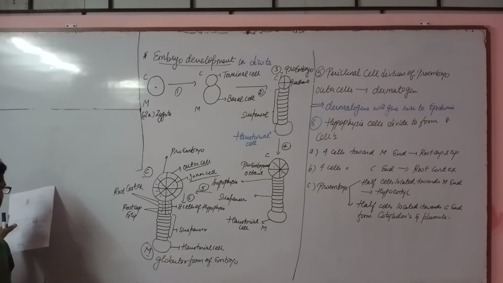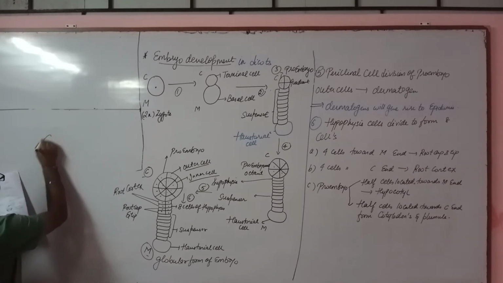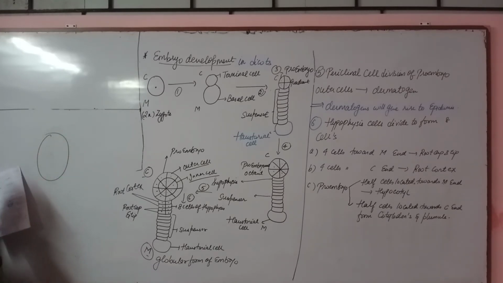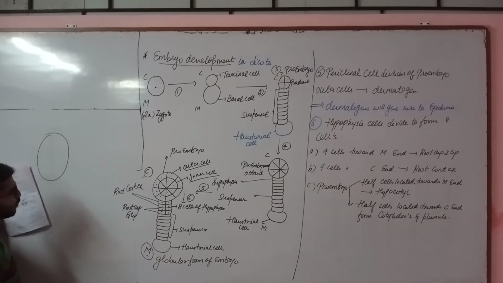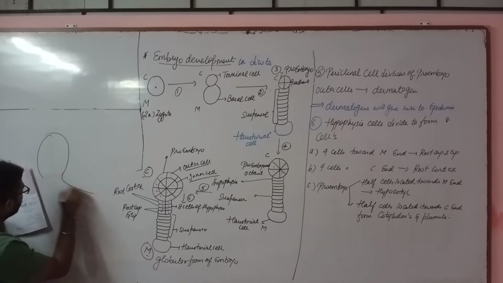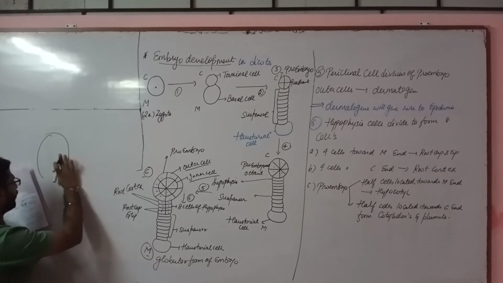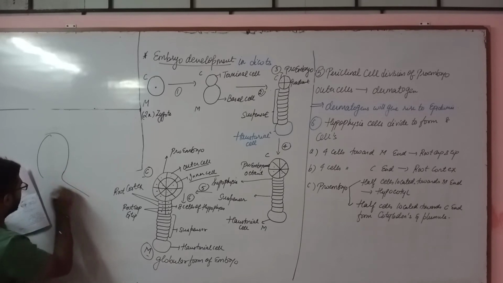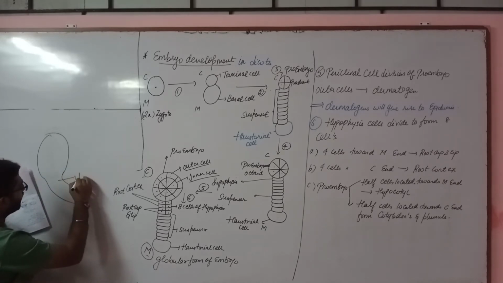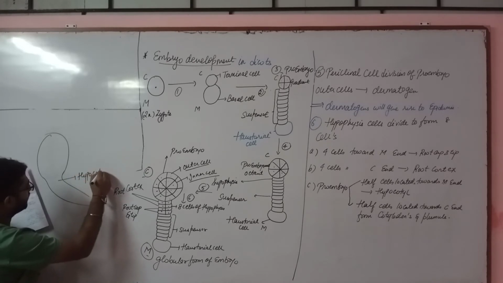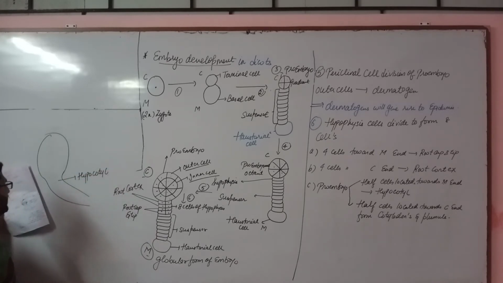Now again this is the embryo sac. We can say that hypocotyle will form in this direction. So let us say from this region the hypocotyle forms. So this is the mass of cells which is hypocotyle.